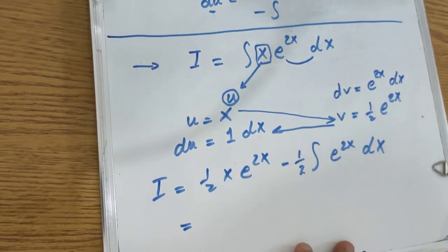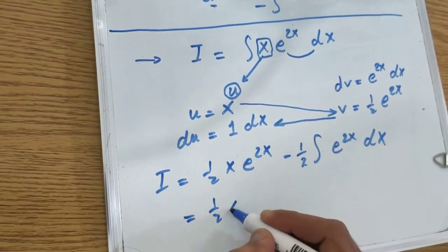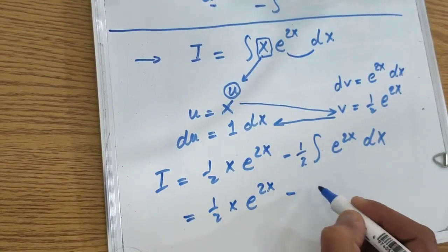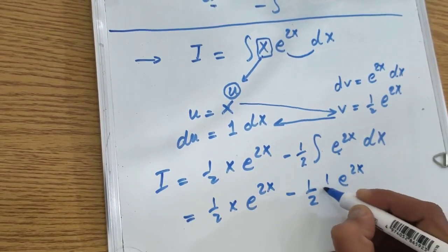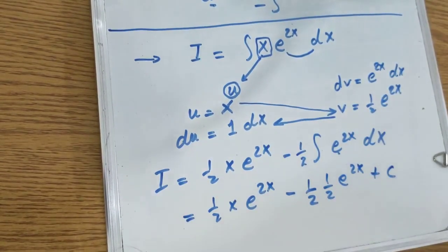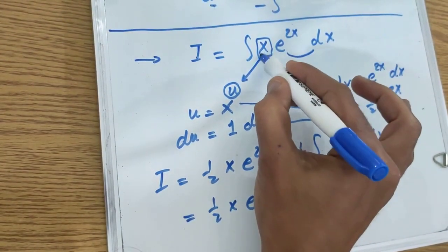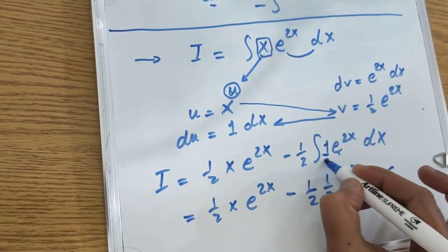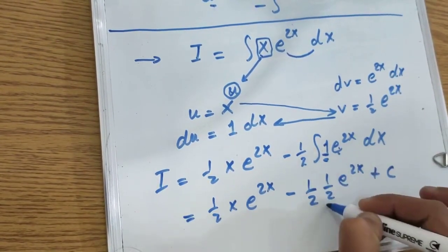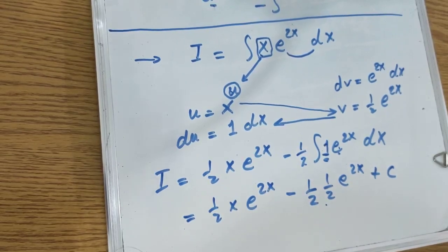Now our integration will be half x e power 2x minus half times the integration of e power 2x, which is e power 2x over 2. Please note that we select x to be u because if x disappears, as you see here, x will be 1, and the integration can be evaluated directly.